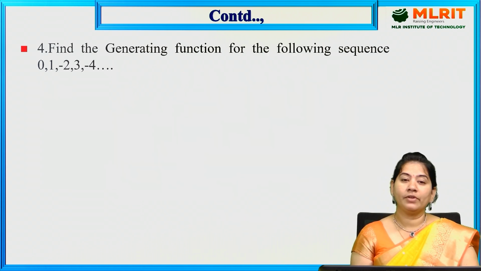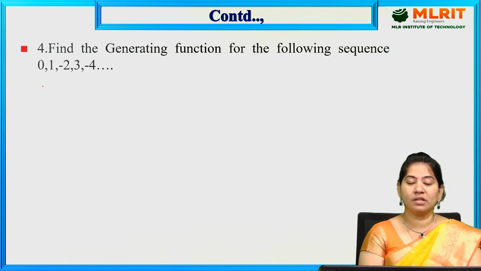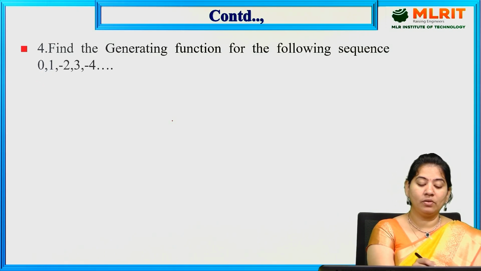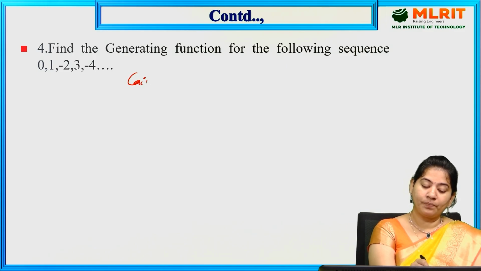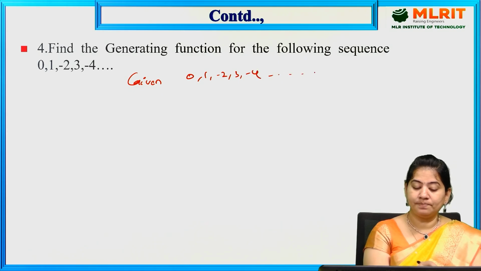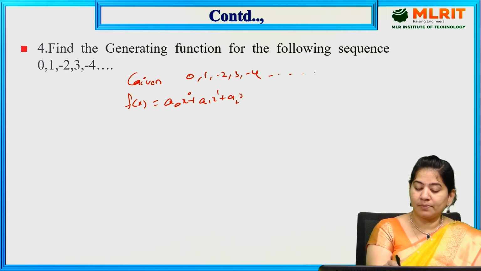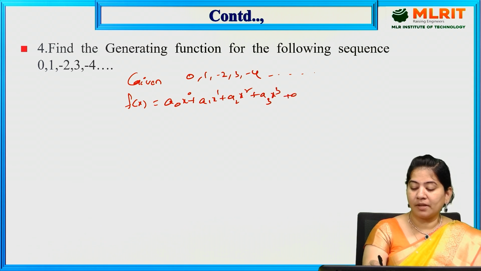And we also have here: find the generating function for the following sequence. It is just vice versa here. Same thing, given 0, 1, minus 2, 3, minus 4, and so on. And we know that f of x is equal to a0 x^0 plus a1 x^1 plus a2 x^2 plus a3 x^3 plus a4 x^4 plus so on.